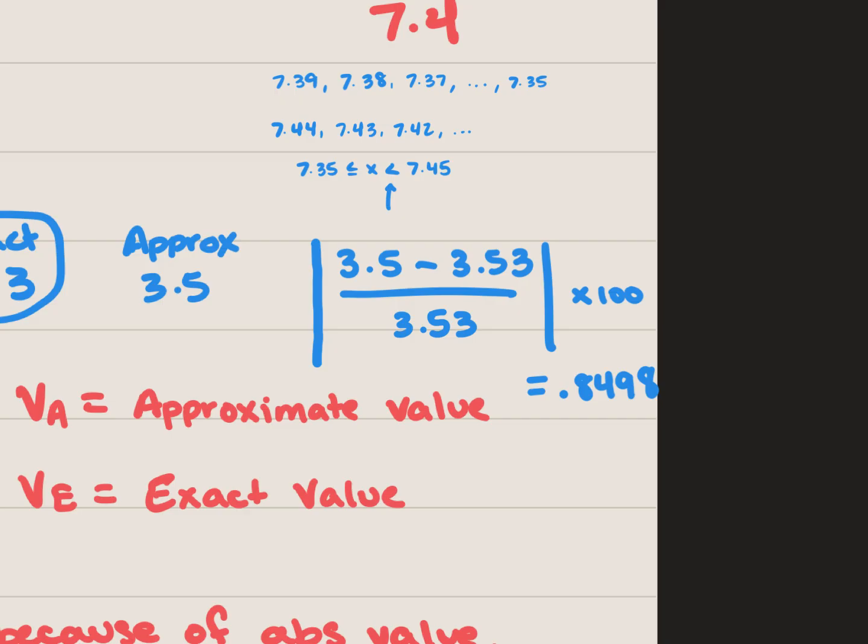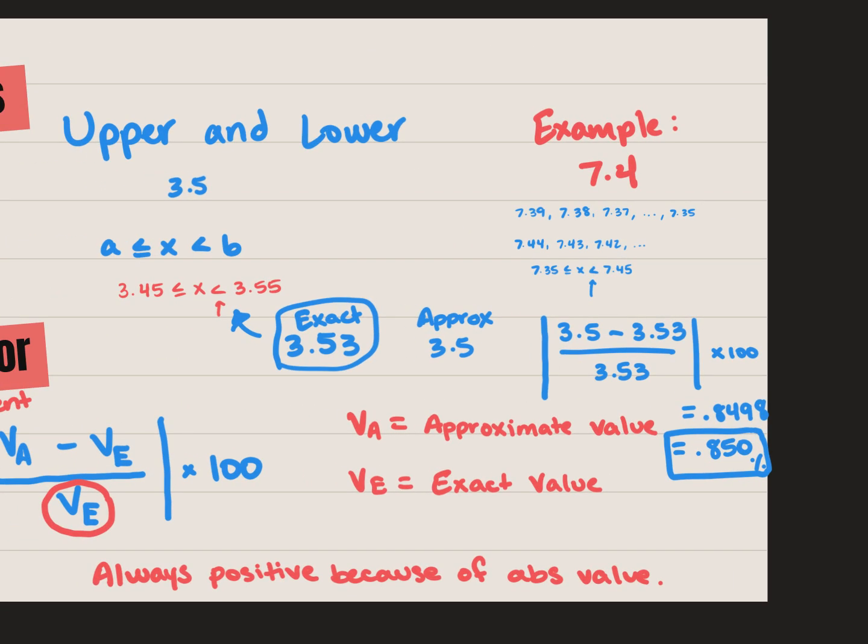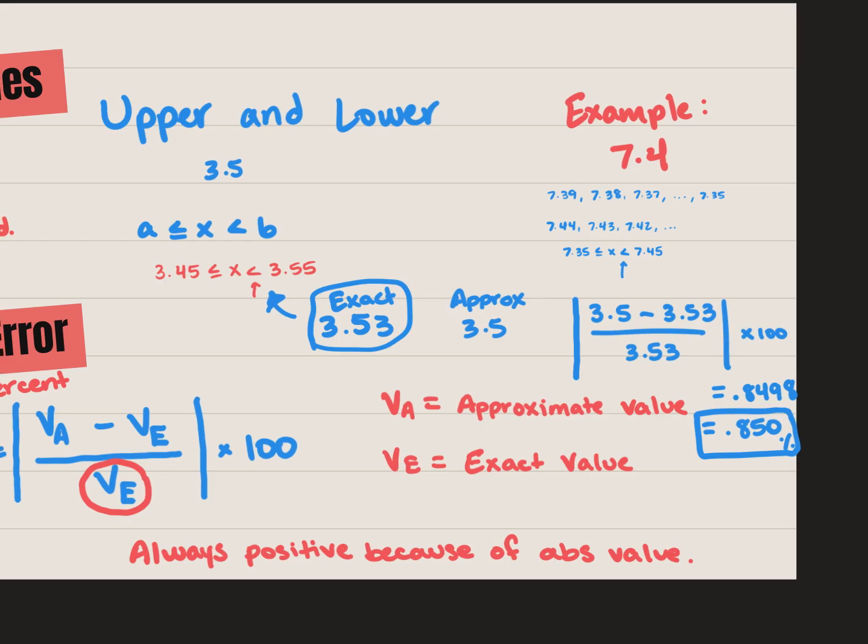If I wanted to round to three significant figures, 0.850%. So I would have a very small percent error in this case between the exact value and what was measured.